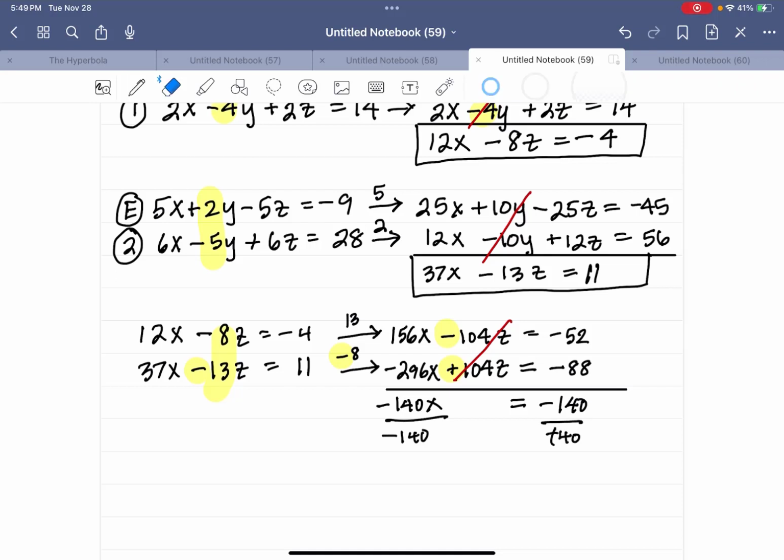I now know that x equals positive 1. So I only know the x.